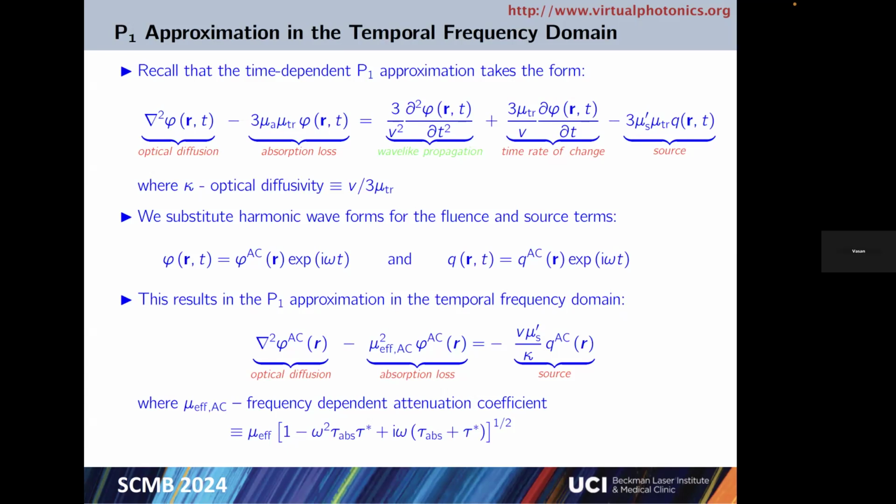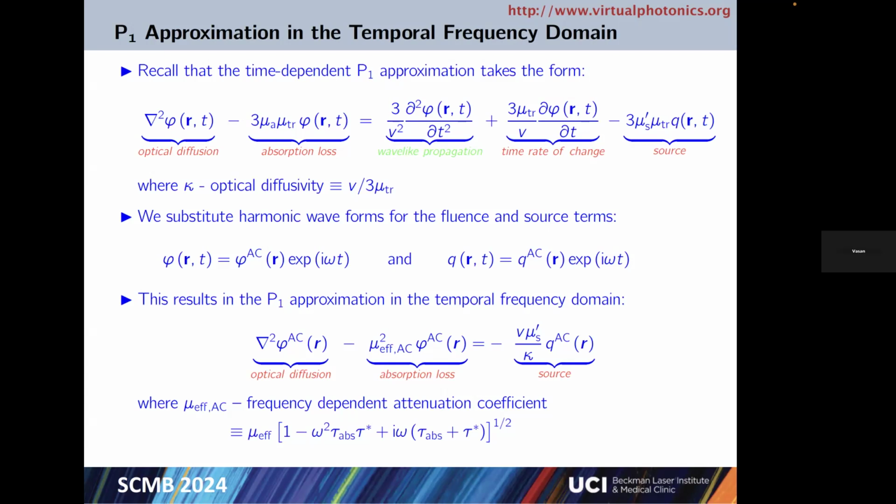That's what this exponential i omega t represents. It represents an oscillation. If I'm putting in a source that is intensity modulated with time, more than likely the flux is also going to be modulating in time, but there'll be a phase delay and an attenuation. If we put these two forms into the P1 approximation, you get this here.